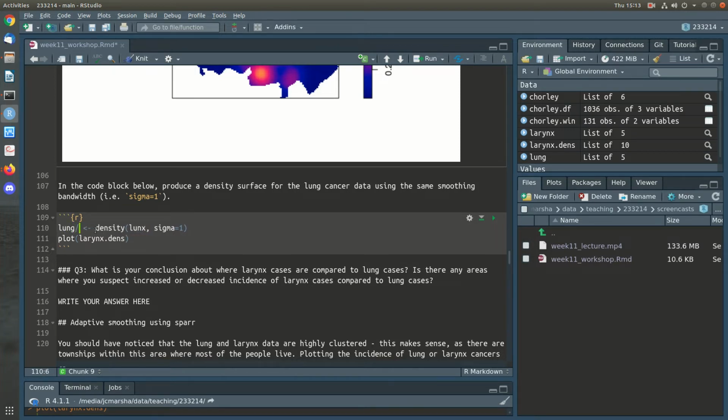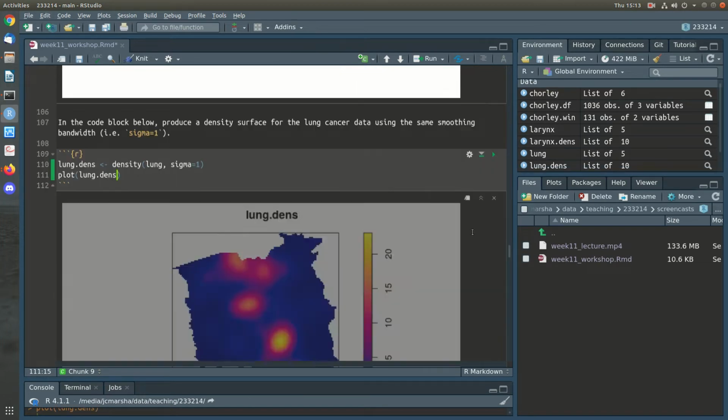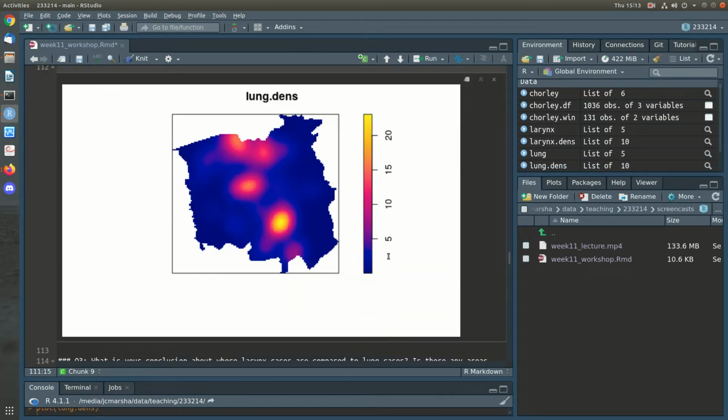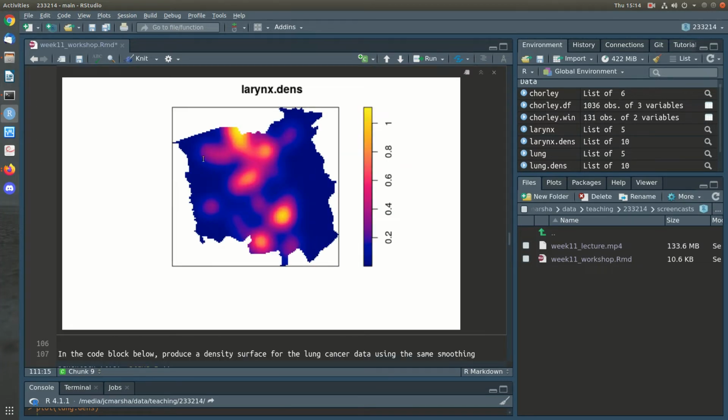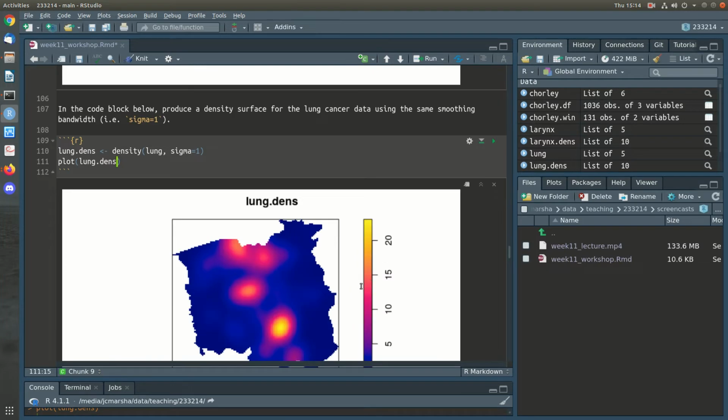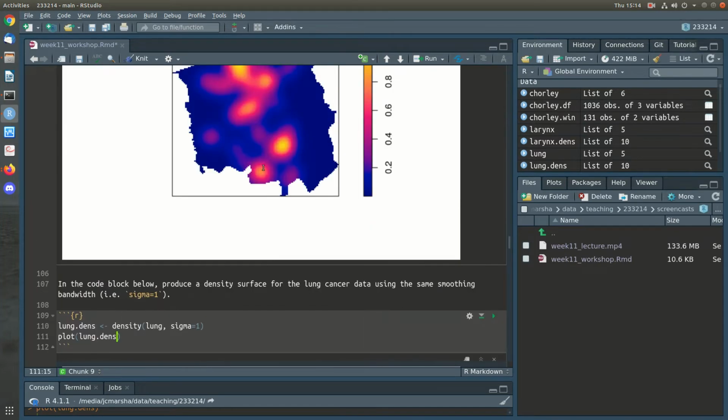Whoops. Probably should spell lung correctly. Right, run that. Okay, and so we can see that there is a little bit of difference, isn't there? There's a little bit more weight up in here in the larynx cases, and a little bit down here as well.